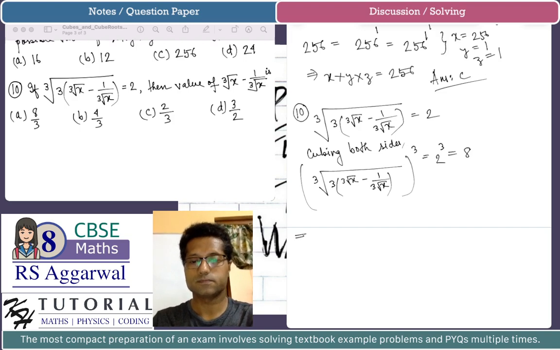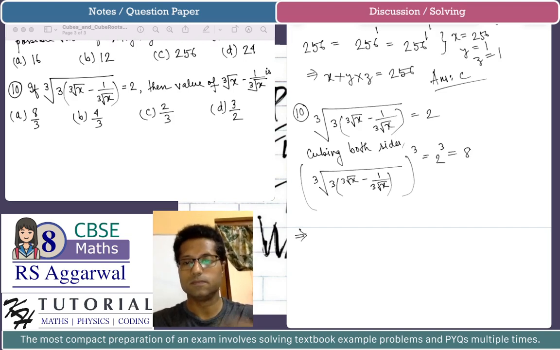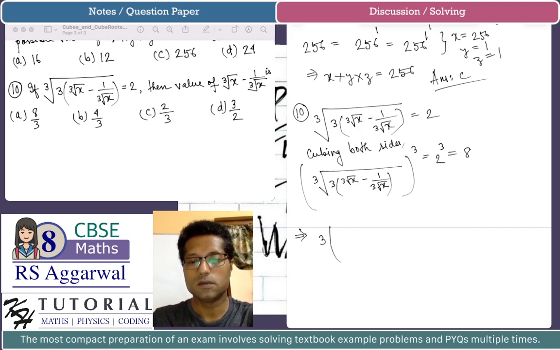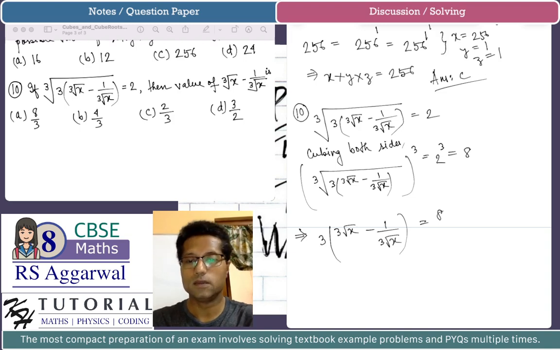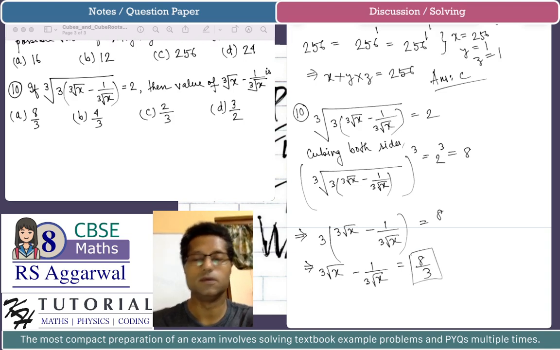Now this implies on the left hand side 3 into cube root of x minus 1 by cube root of x is equal to 8. So this implies cube root of x minus 1 by cube root of x is equal to 8 by 3. So the correct choice is A.